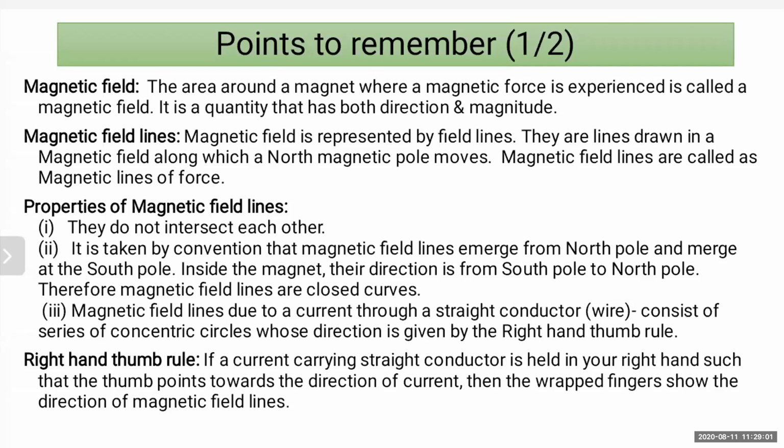Magnetic field lines due to current through a straight conductor consist of a series of concentric circles.